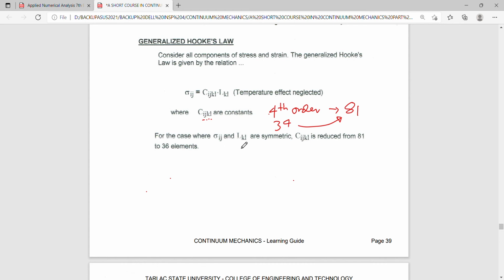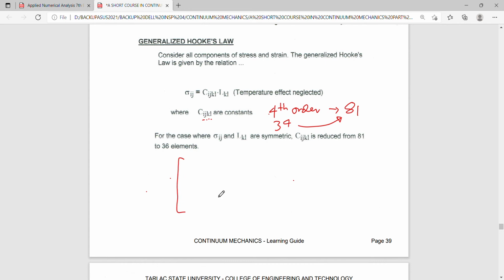yung leverage, no? So, dahil symmetric siya, yung 81, pwede mong bawasan ng 36 elements. So, yung iba, ibig sabihin, hindi mo kailangan. Okay? Kasi ang kailangan mo lang, yung symmetrical component niya.